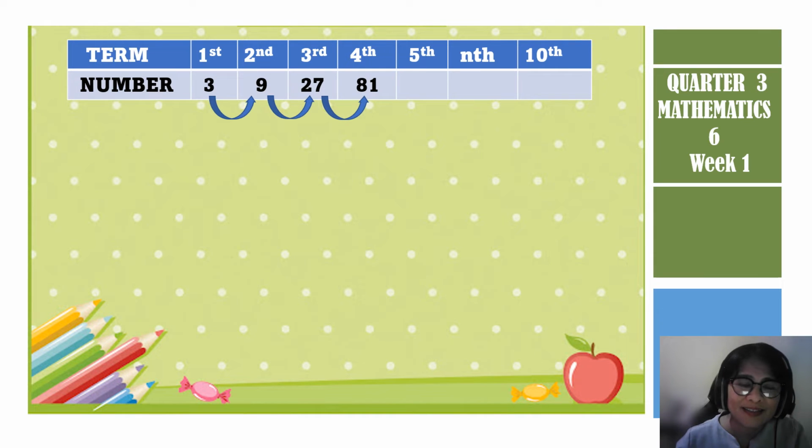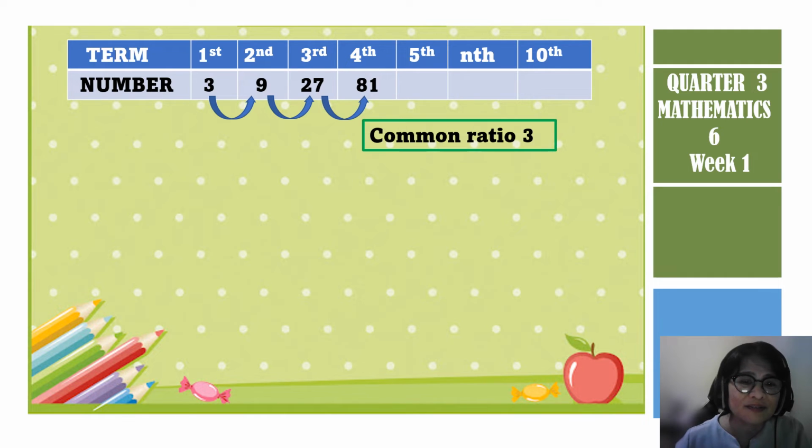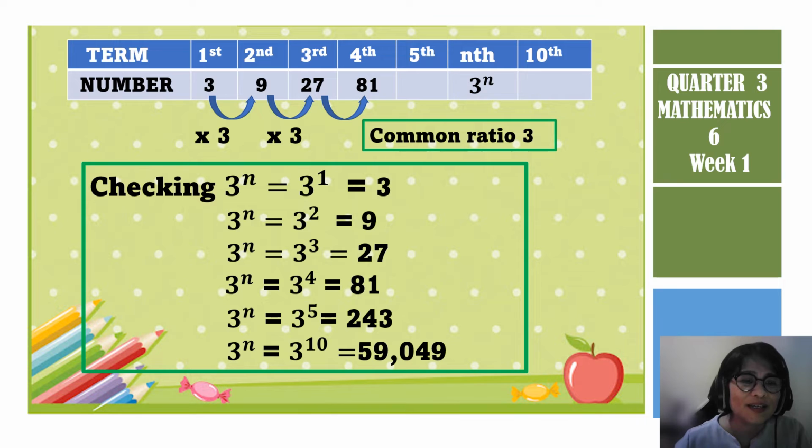Now, alam na natin na hindi tayo gagamit ng common difference, kundi common ratio. Ang common ratio natin ay multiplying by 3. At ang ating na-formulate na rule is 3n using exponent. So, let us check our answer by substituting the value of n.